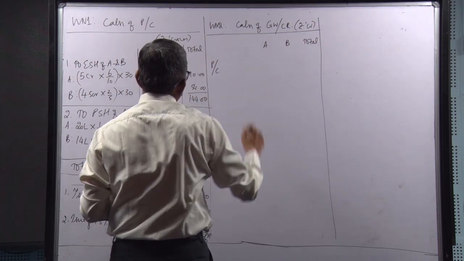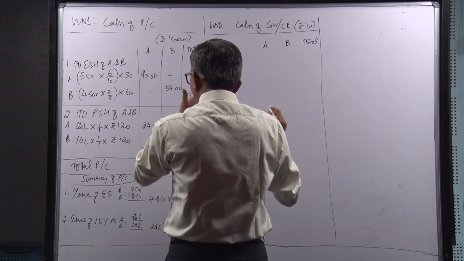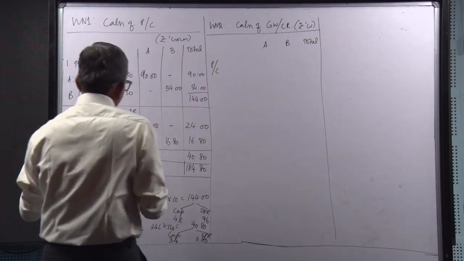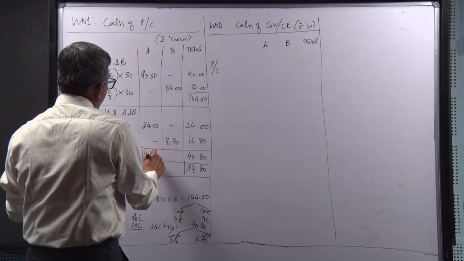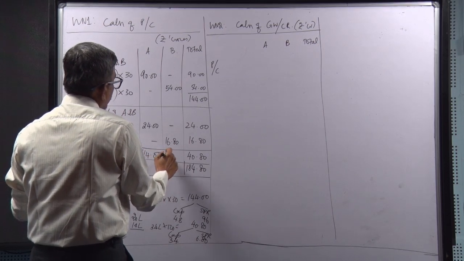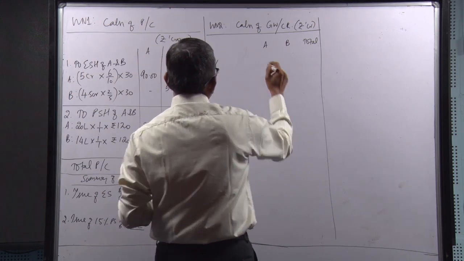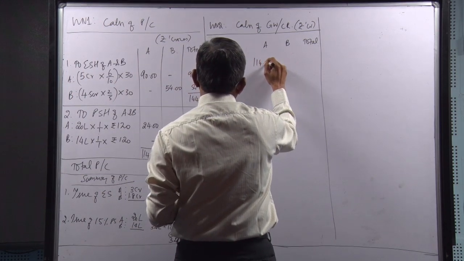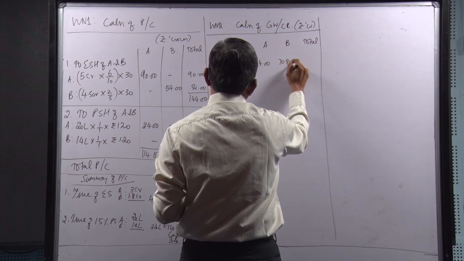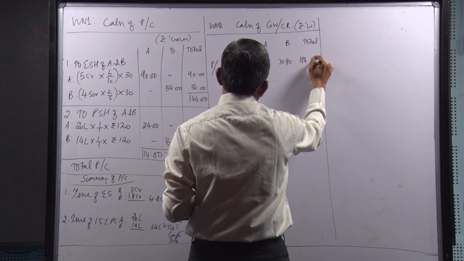Already we have determined the consideration, that is for A how much? 114. For B, 70.8. So A 114, B 70.8, total 184.80.